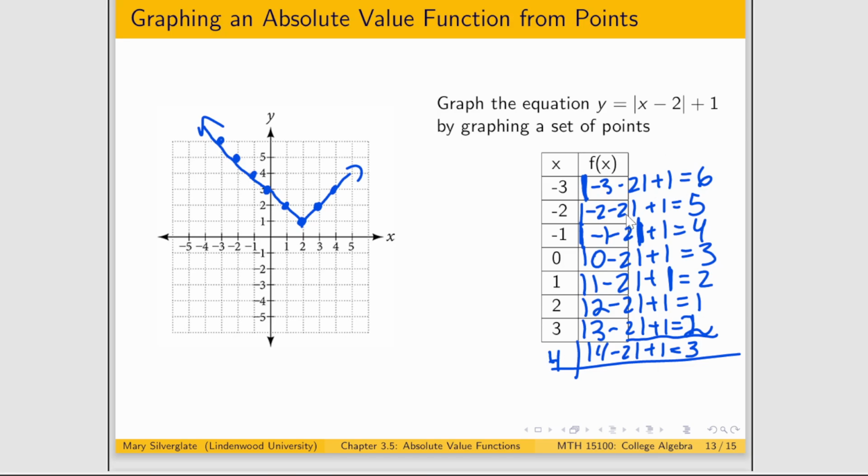Of course, making the table each time, as you notice, can get kind of tedious, and it took us a while until we found this vertex again and found where the sign on the slope flipped. So there are ways to graph this faster. That's what we're going to go over in the next section, where we use knowledge of transformations to graph these absolute value functions.